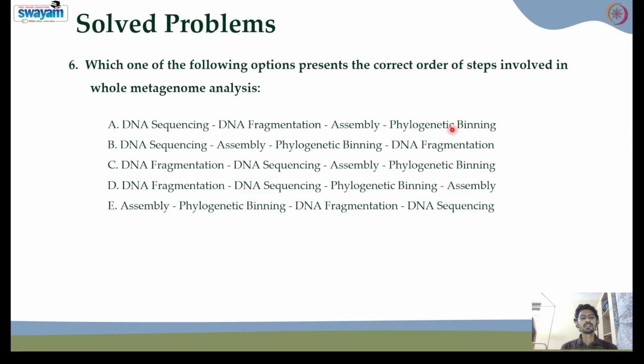Option B, DNA sequencing, assembly, phylogenetic binning, and DNA fragmentation. Option C, DNA fragmentation, DNA sequencing, assembly, and phylogenetic binning. Whereas in option D, DNA fragmentation, DNA sequencing, phylogenetic binning, and assembly. Whereas in option E, assembly, phylogenetic binning, DNA fragmentation, and DNA sequencing.